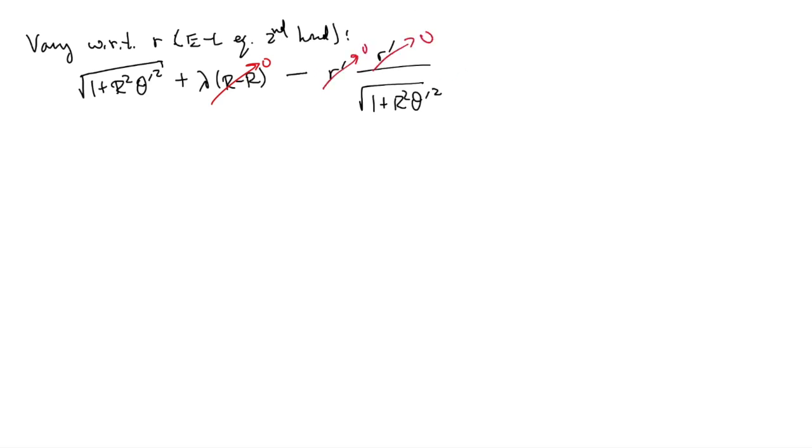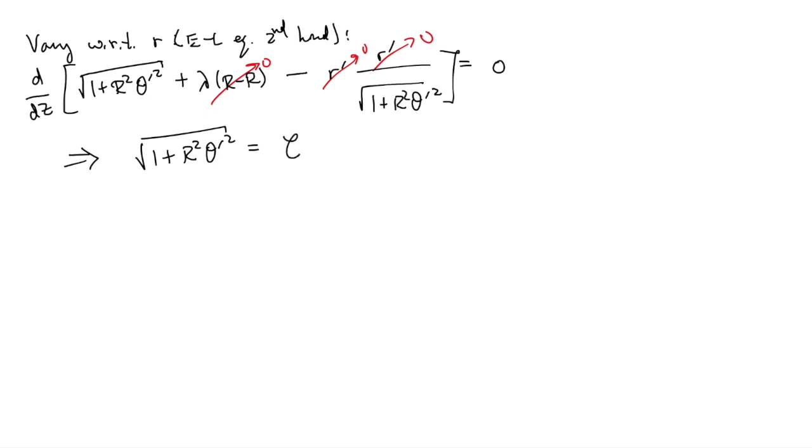So all the terms except for the very first one are present. And this whole thing had a d by dz, and that had to vanish. And so that means that we find that square root 1 plus r squared theta prime squared is equal to some constant, again, a constant of integration.